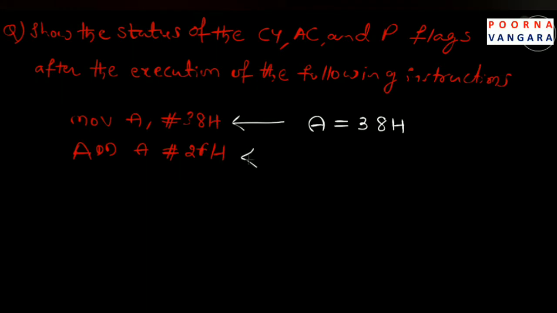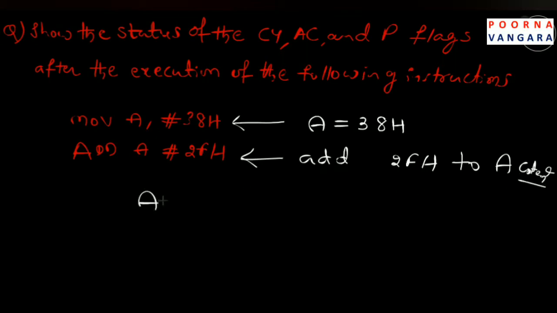The second instruction is addition. What it is saying is add 2FH to the A content. In fact, this particular hash is not needed now. So first you need to take the A content, that is 38H, and to this you need to add 2FH.